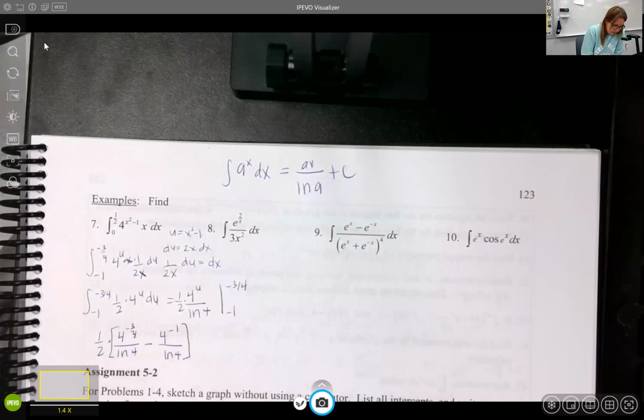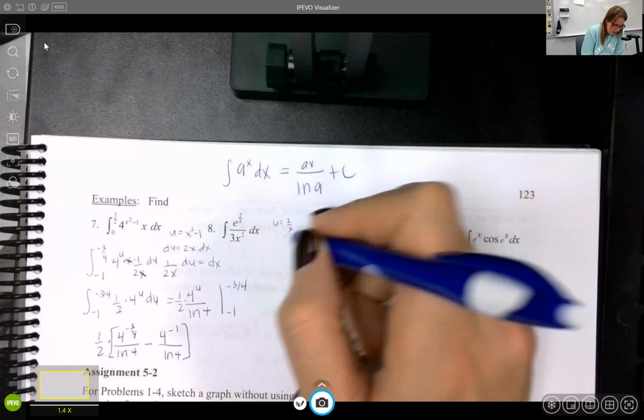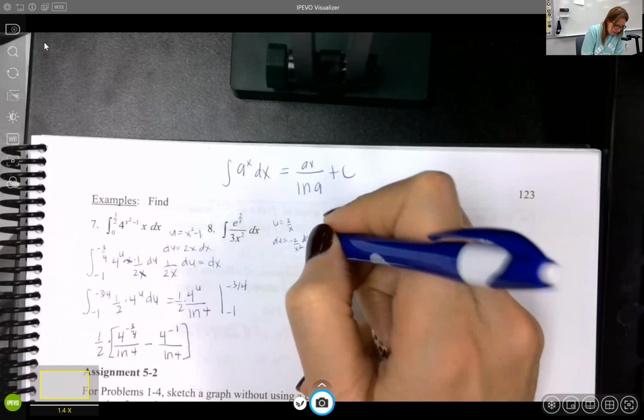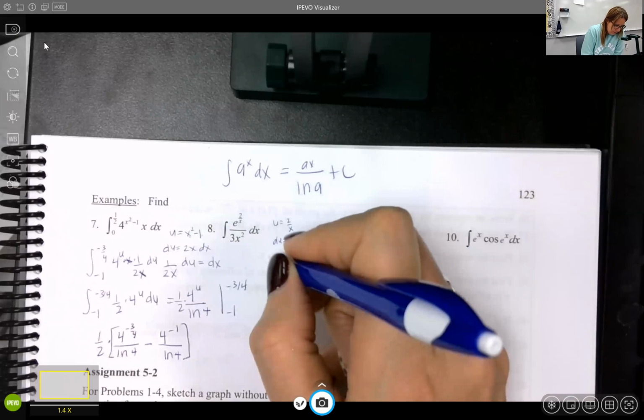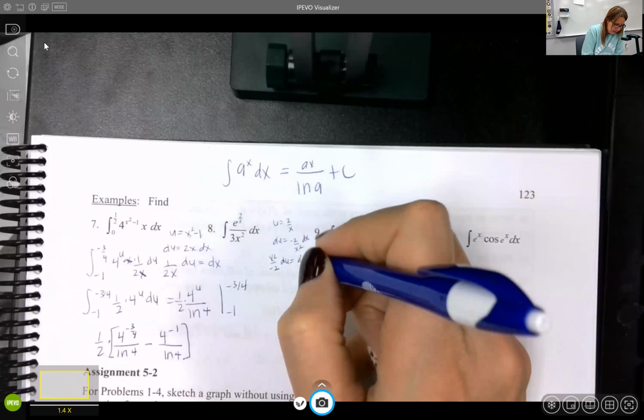Okay. On this one, u is 2 over x. du is -2 over x squared dx. And then I get x squared over -2 du equals dx.